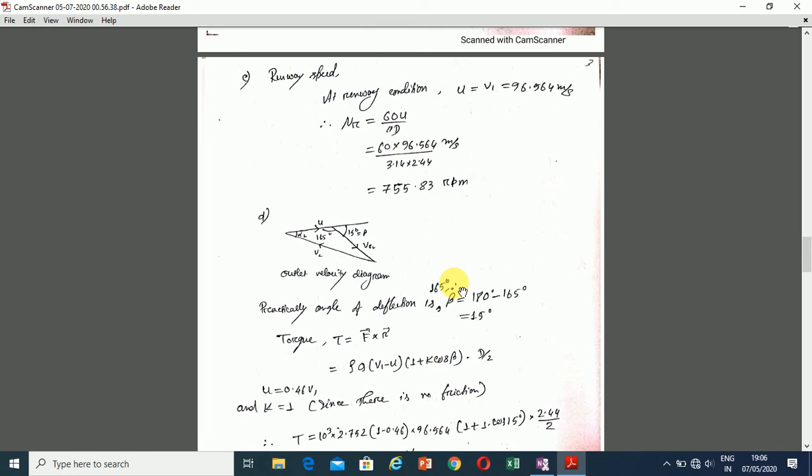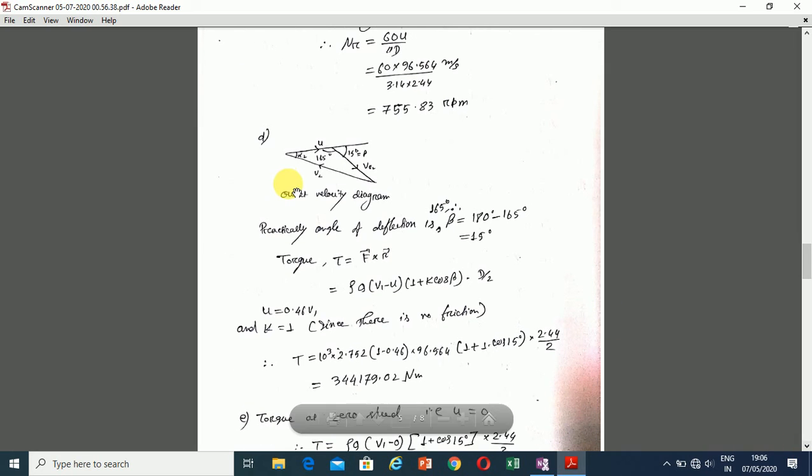Now question D, that is we ask torque at operating speed. So it is the outlet velocity diagram. This is V2, that is outlet velocity. U is tangential velocity, and here beta is 15 degree.